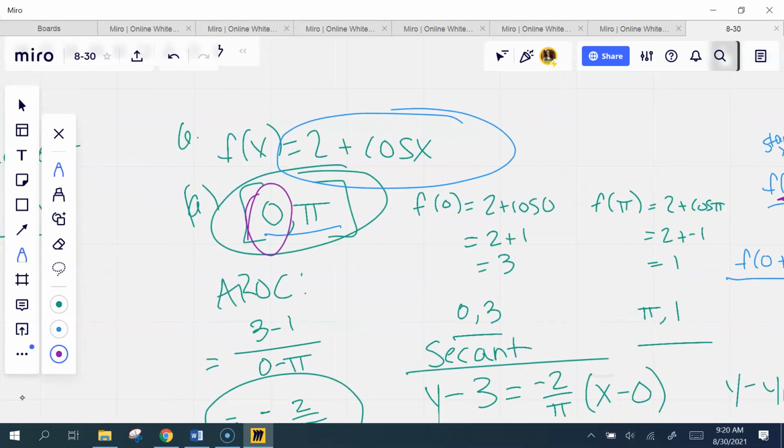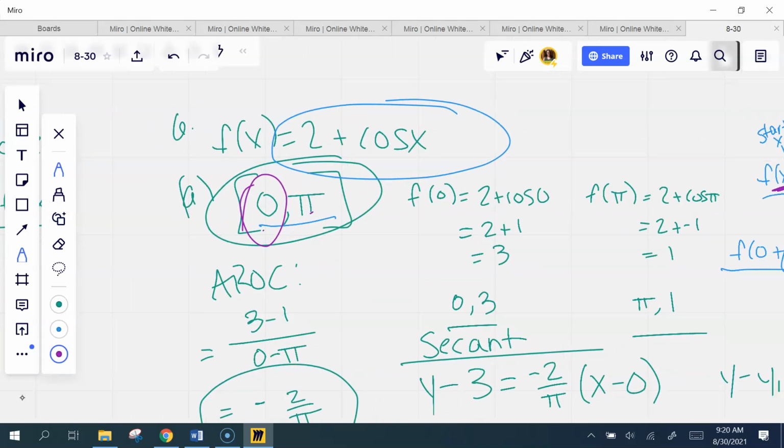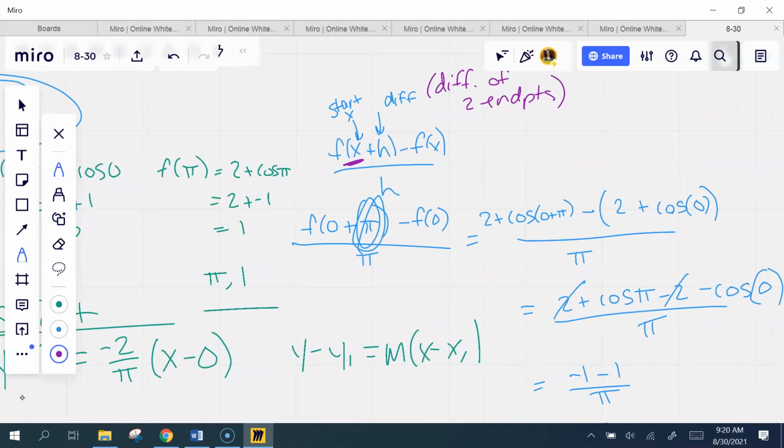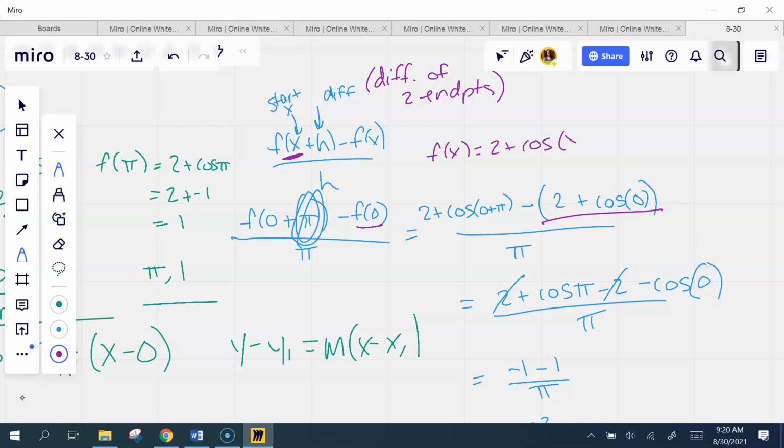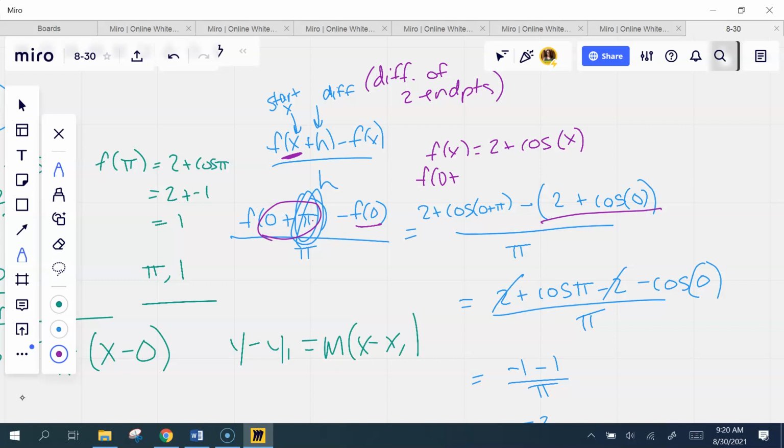So in other words, over here it would be pi minus 0. What should be pi? This one? This one. Okay, so my f of x is 2 plus cosine of x. So if I want f of 0 plus pi, that means I just changed the x to be 0 plus pi.